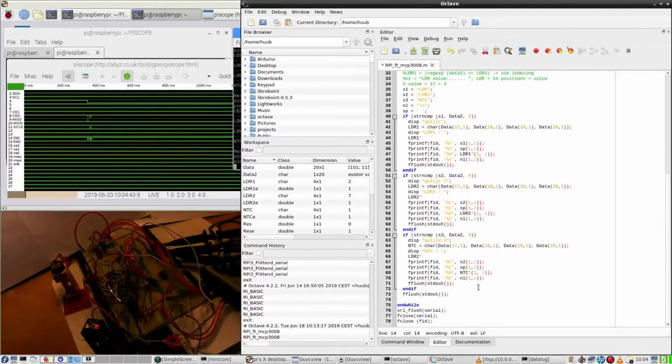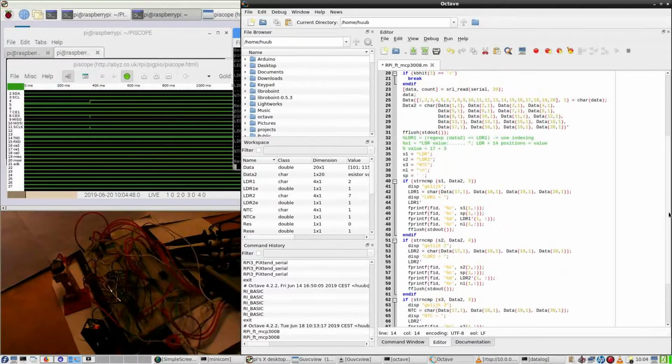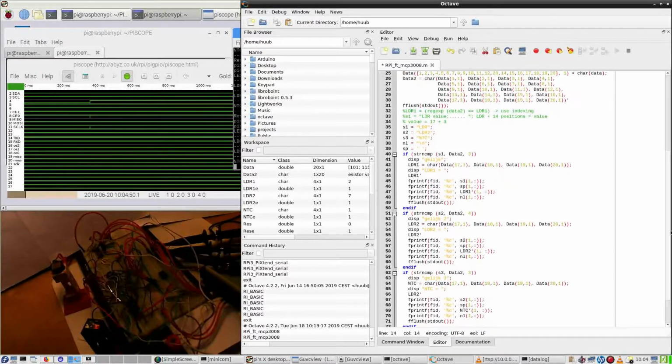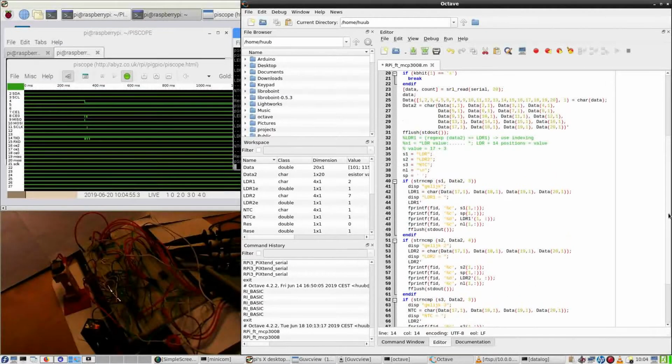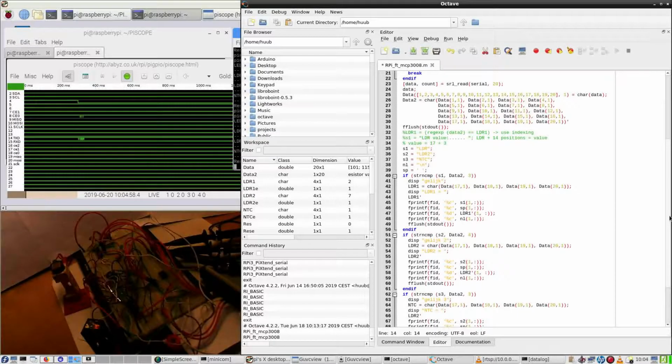If I print data 2, which is printed right, data 2 is primarily used there, so I may just as well say, alright, I want to print data 2.